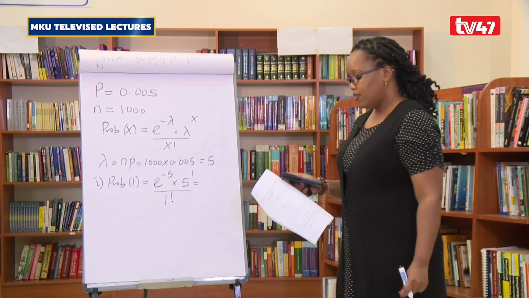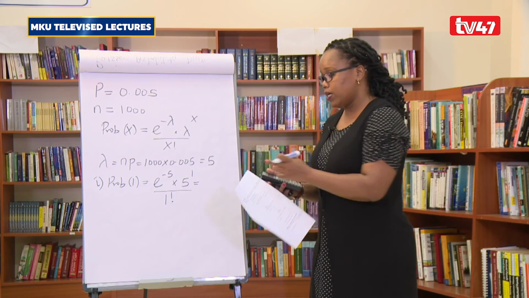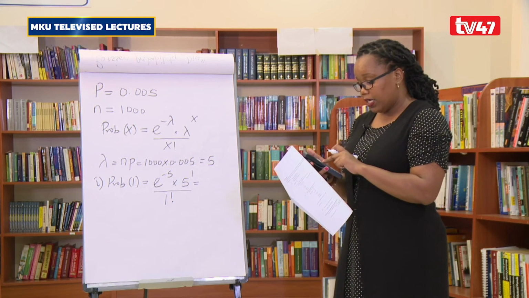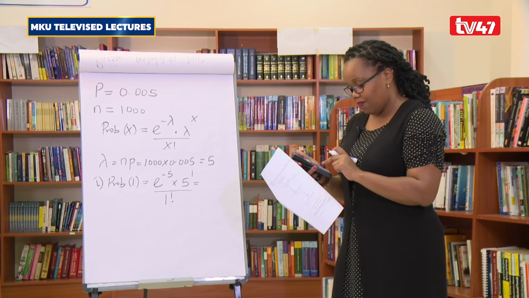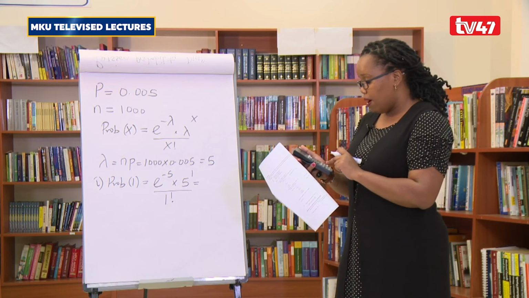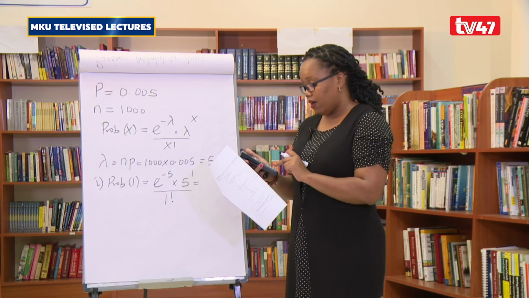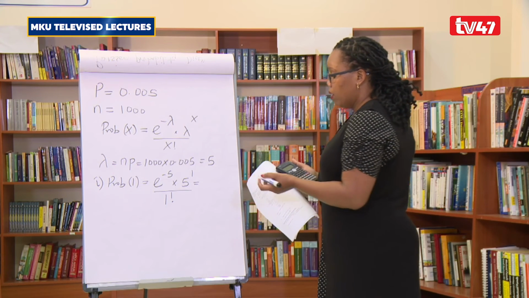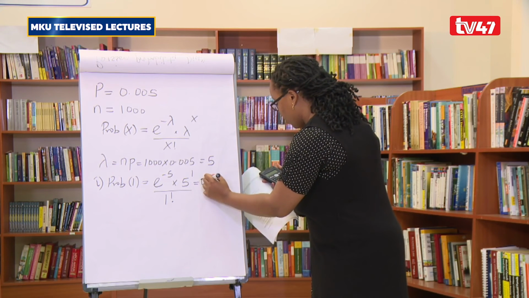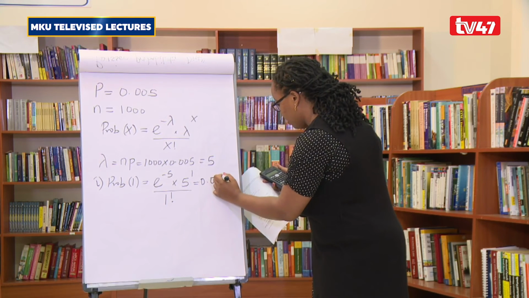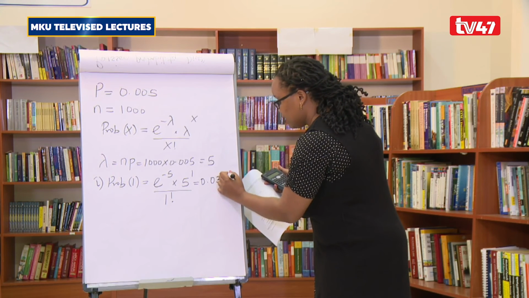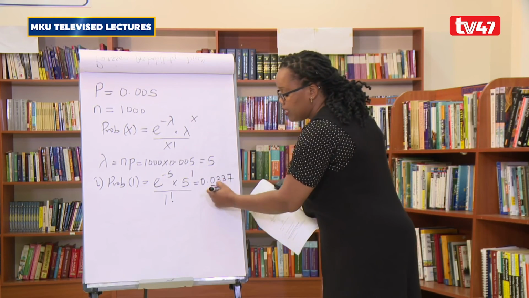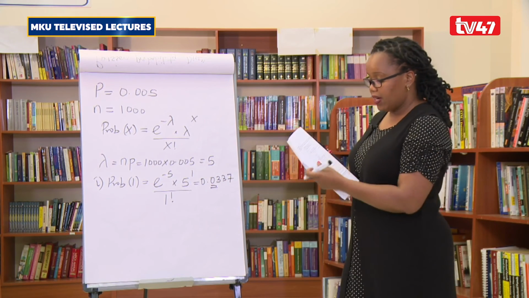As we said, from your calculator you can get exponent. So pick out exponent negative 5 multiplied by 5 raised to power 1, which is 5, and 1 factorial is just 1, which gives us 0.0337. We'll stick to 4 decimal places. So this is the probability that only one is defective.